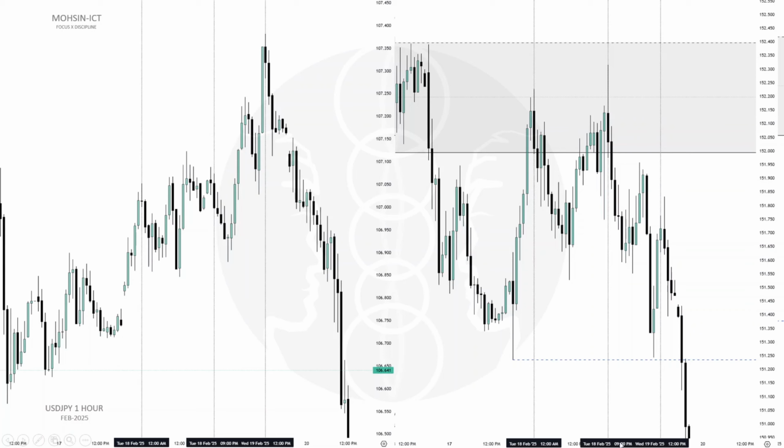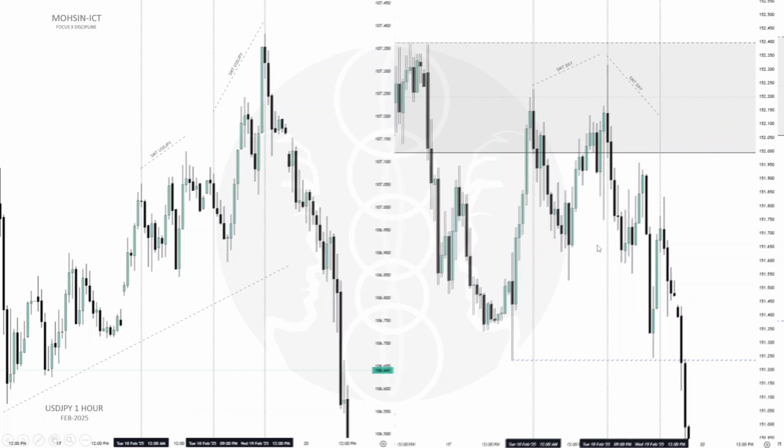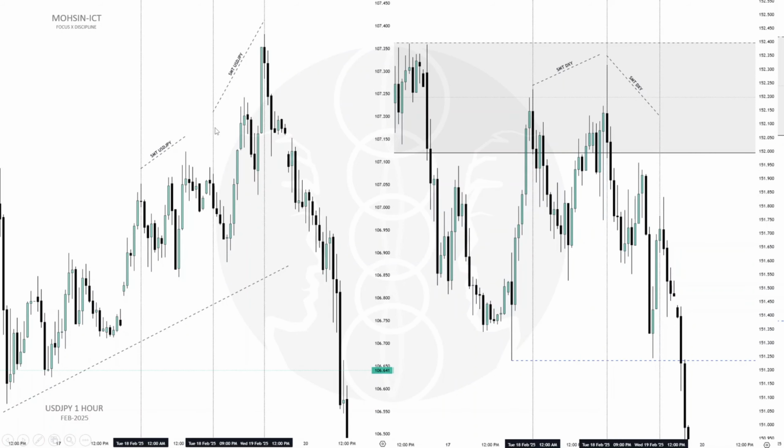This is 9 p.m. candle and this is 12 p.m. candle. That's divergence, which we call SMT. Right here. This high to this high and this high to this high. So that's what we call SMT. In this case, the bearish SMT.